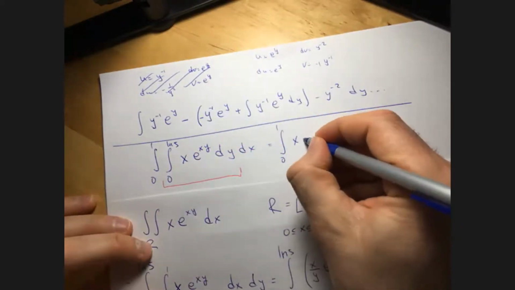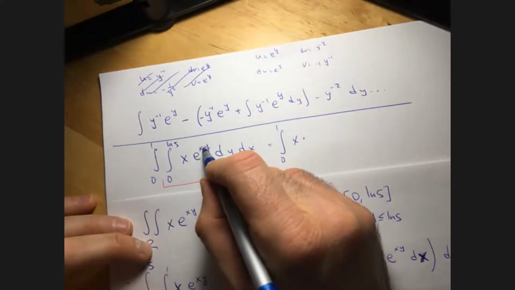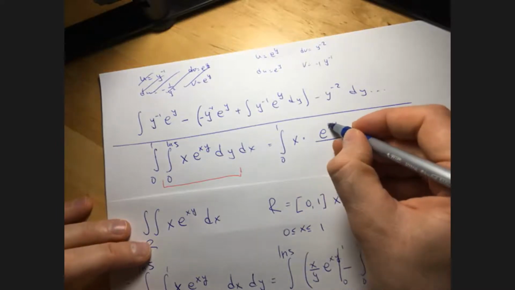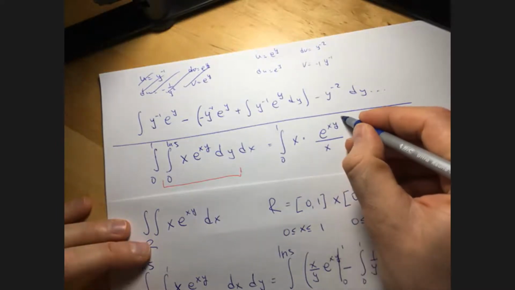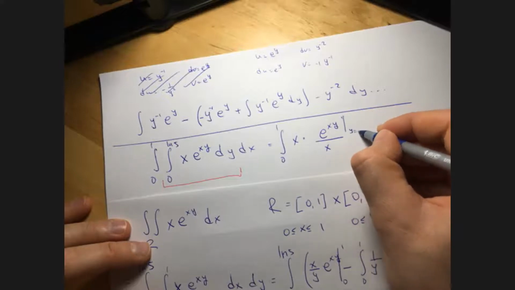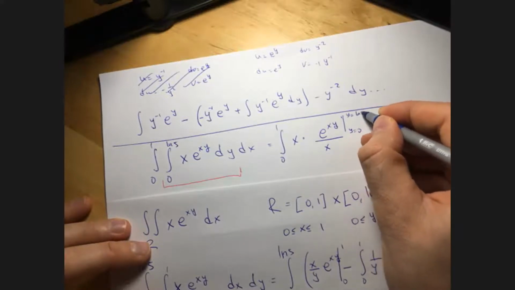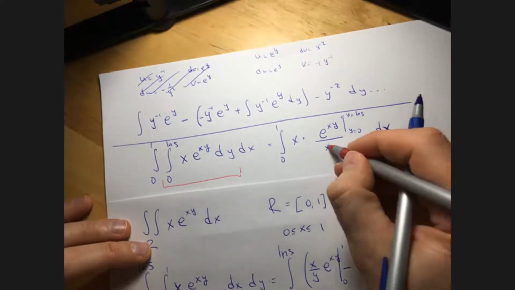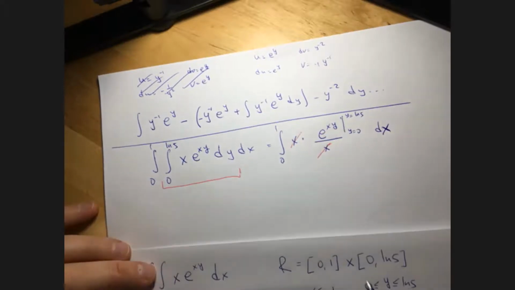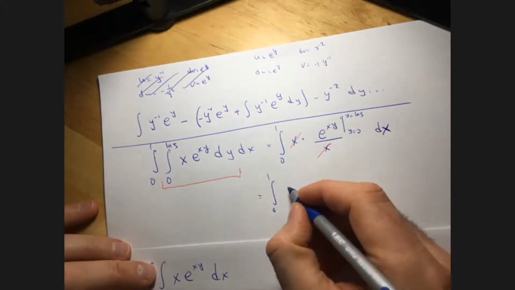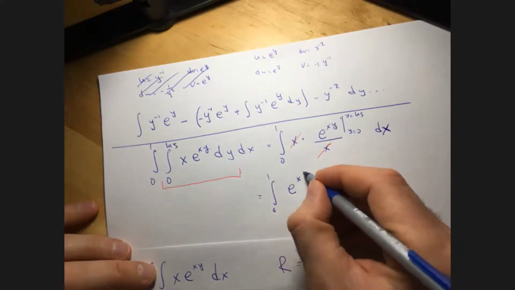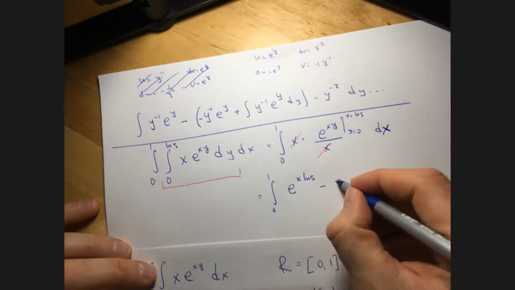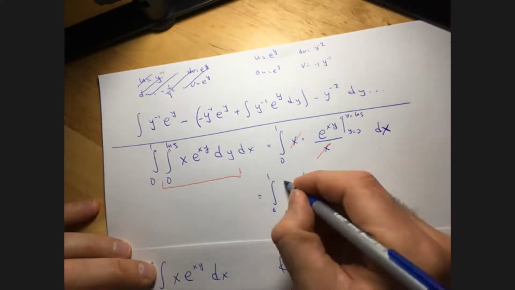and I get x times the integral of e to power xy, which is e to power xy over the constant, and the constant here is x, right? And I evaluate this when y is from 0 to y being ln of 5 dx. But now these are out, and I just end up with the integral from 0 to 1 e to power x ln of 5 minus e to power 0 dx.